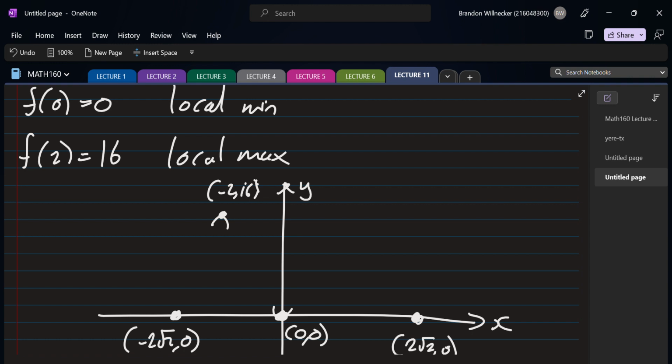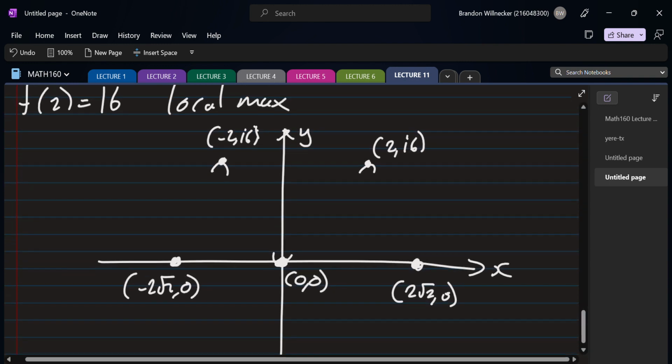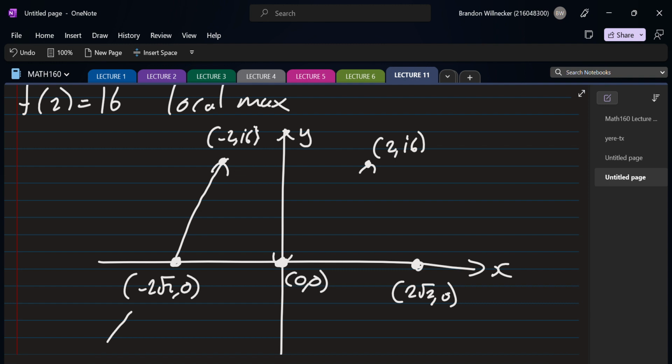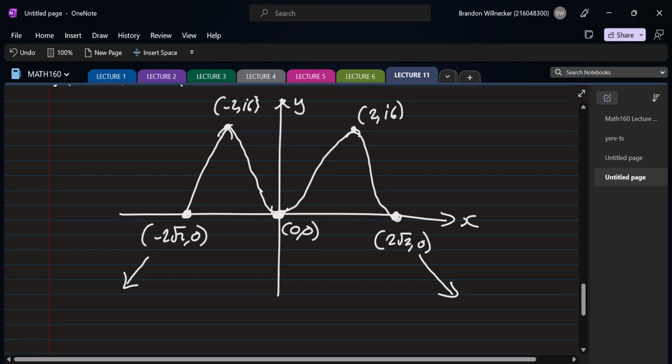And then at 2, 16, that will be another local max somewhere here. Okay, now we can just connect the dots. So it's increasing all the way up to this -2, so it must be something like this. Then from -2 to 0, it's decreasing, so it's going to turn around and go down, turn around and go up, turn around and go back down. Okay, so it's going to be something like that.